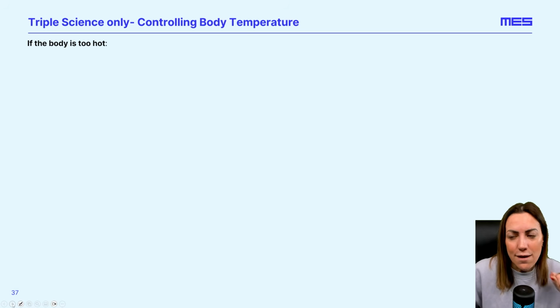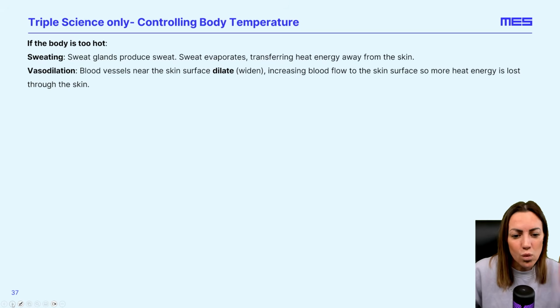So if your body is too hot, so we've detected an increase in temperature, sweating will start to happen. So what do we need to know about that? Well, sweat glands in your skin will produce sweat. Sweat evaporates. And when sweat evaporates, it's transferring heat energy away from the skin.